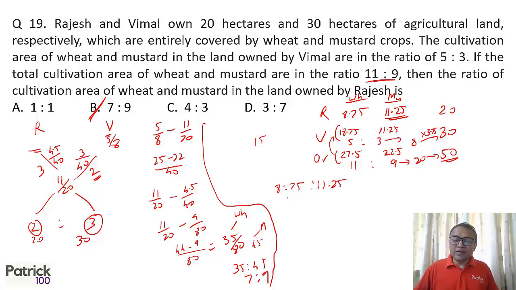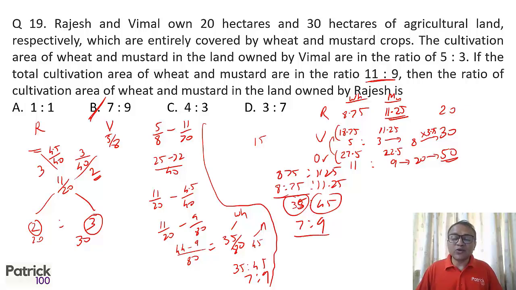Multiples of 25: this becomes 35 and this becomes 45, which becomes 7:9. We'll get the answer as B option.